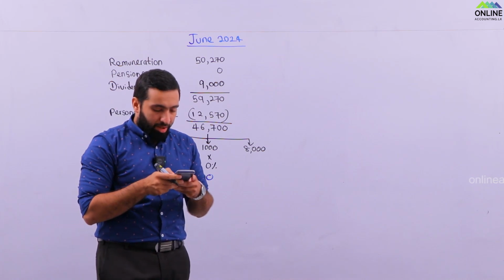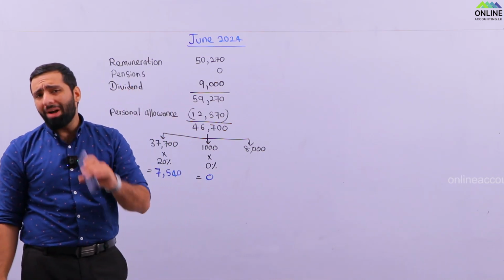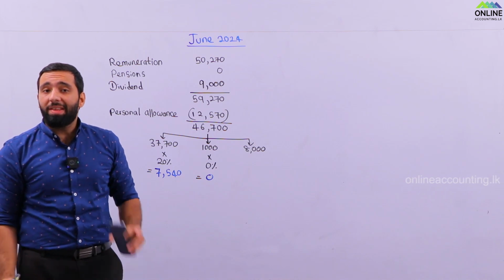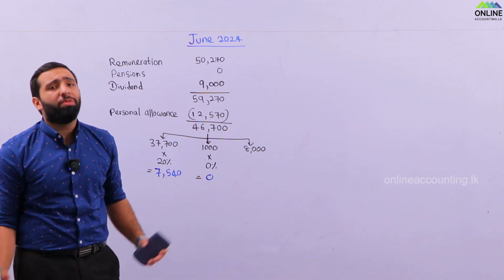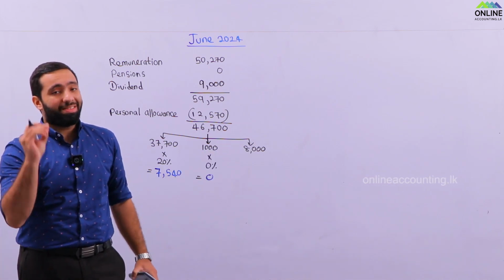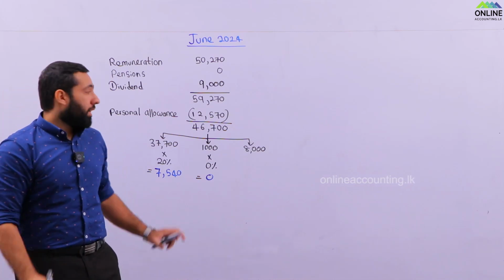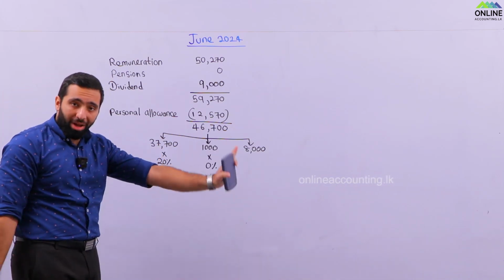For the remaining 8,000, how much is the tax rate? Yes, the tax rate is 33.75%. Where will you find this? Yes, this is available in the tax rates and allowances document. If you are a basic rate taxpayer, how much is this?